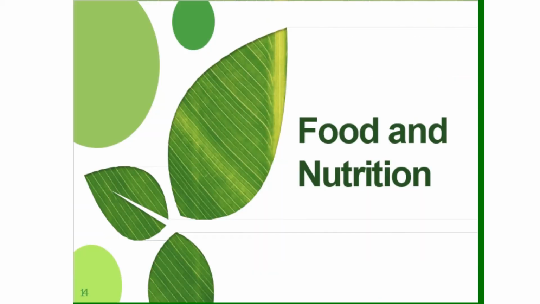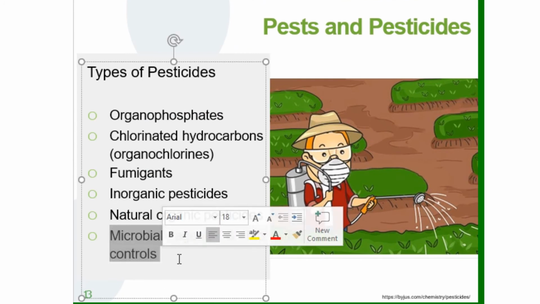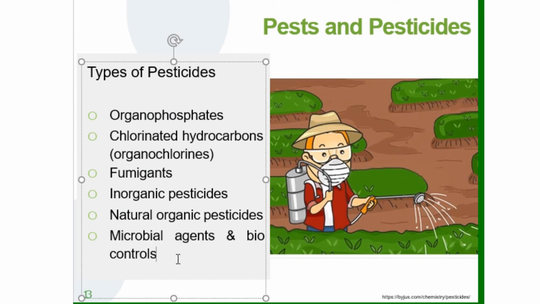And then lastly, we have the microbial agents and biocontrol. Microbial agents and biological controls use living organisms or toxins extracted from them instead of pesticides. A soil bacterium, just like what I gave as an example before for biological control under IPM in stage 4, is Bacillus thuringiensis.